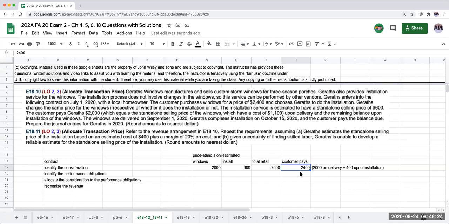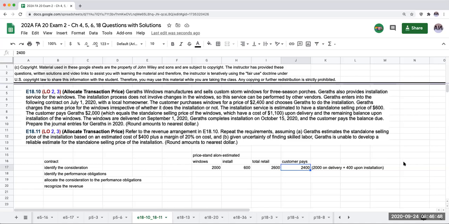Okay, this is very, very important. And one of the words up here is that the service can be performed by other vendors. If for some reason Geraths was the only one who knew how to install their windows, I would not recognize anything until they had actually been installed.